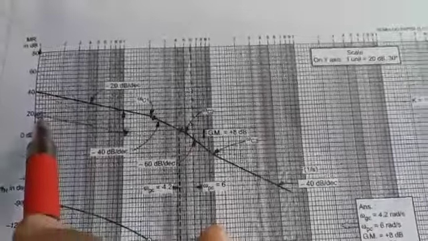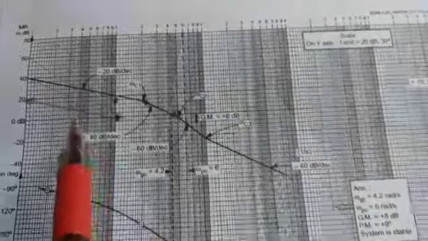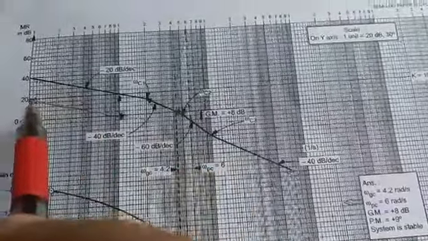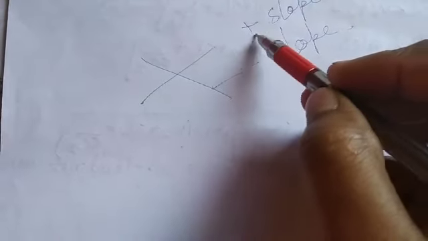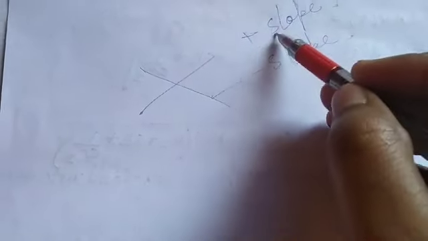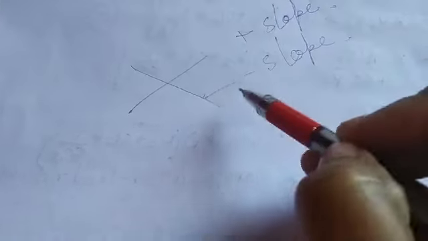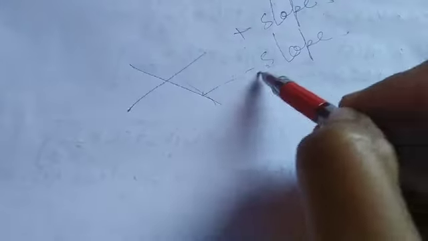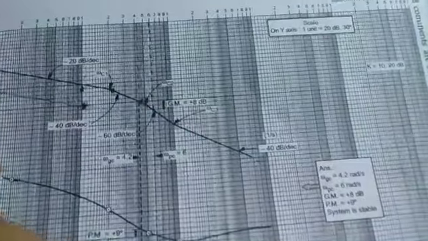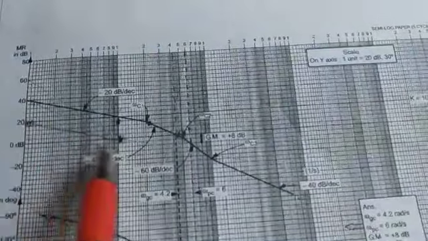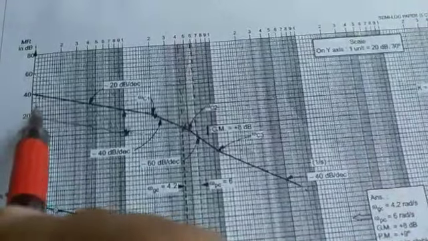Next, one pole is at the origin. While drawing the slope, if we draw going up it is a plus slope, and if we draw going down it is a minus slope. Drawing from here to here means minus 20 dB per decade.